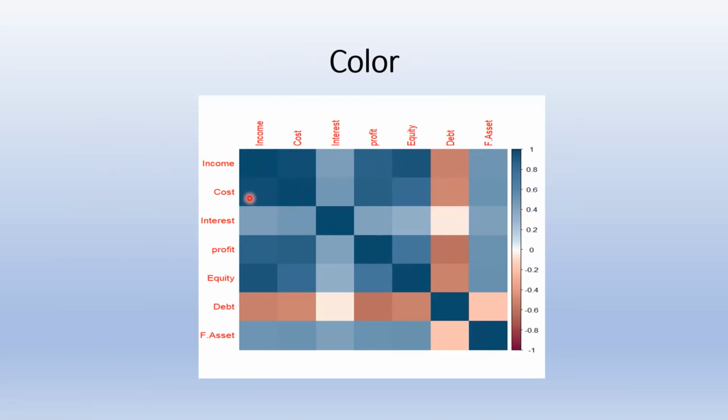In this range, the color is darker, which means the correlation coefficient is near +1. Now in this range, you can find a very light color and it is pink. So obviously here the correlation coefficient is negative, and the color is very light. So the correlation coefficient is weak.